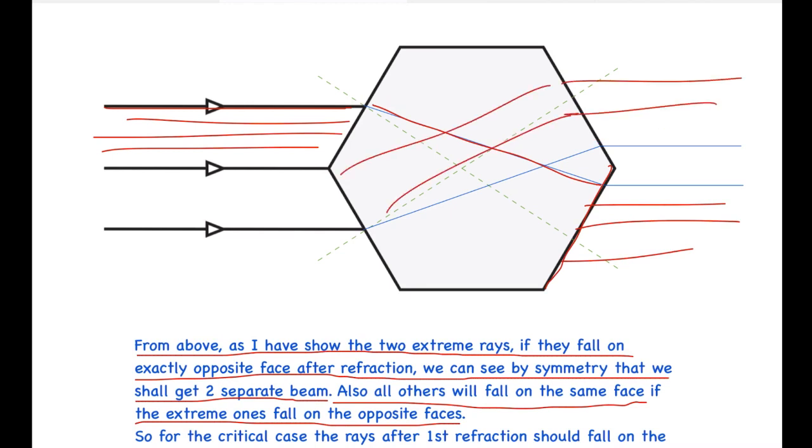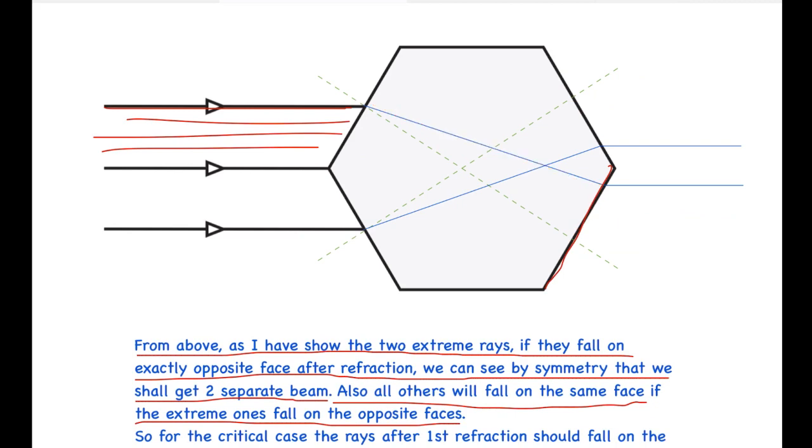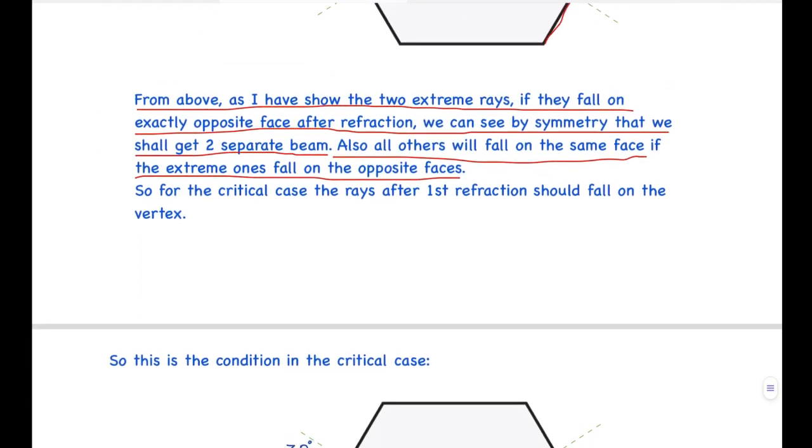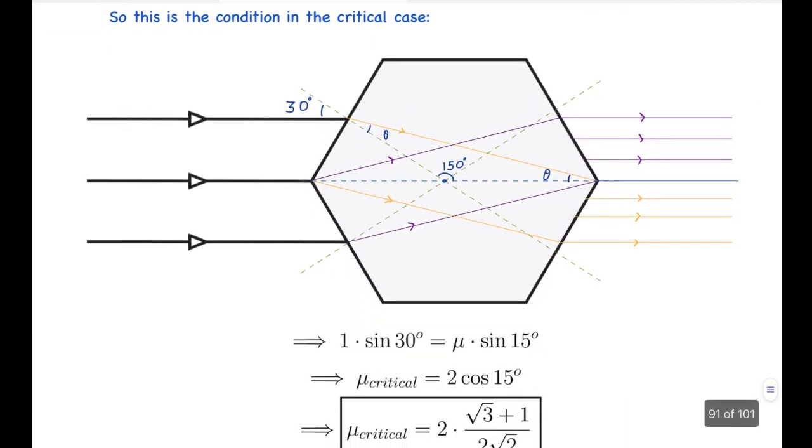So we are getting two separate parallel beams, as you can see from here. Now let's look at the critical case. In the critical case, the extreme ray from the upper region will just fall on this vertex, and the extreme ray from the lower region will also fall on this vertex itself. So we'll get two beams, but they will just be separated at this line.